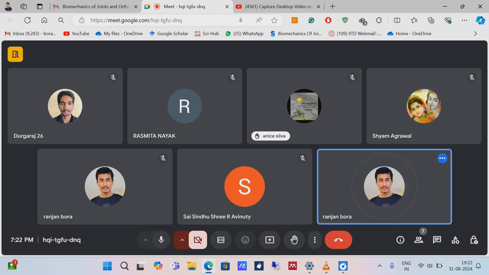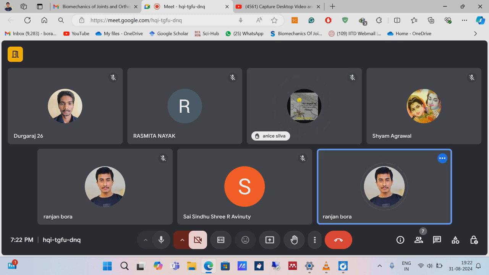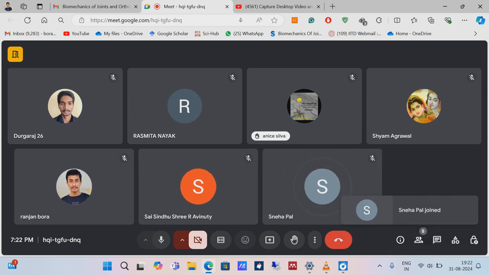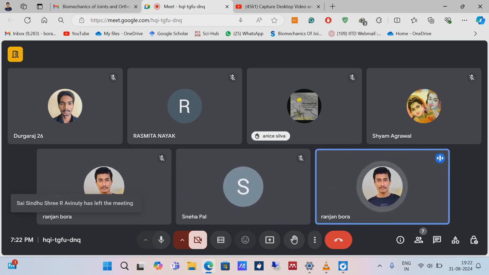Can anybody please confirm if I am audible or not? I don't know why this problem is coming. Is the echo very high? Can I continue like this or is there any problem?